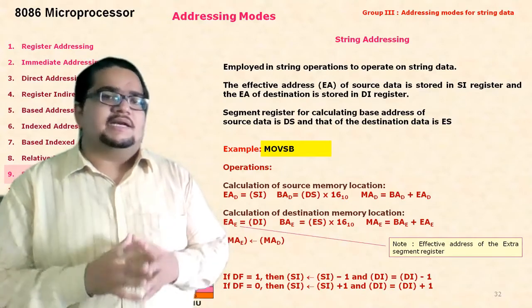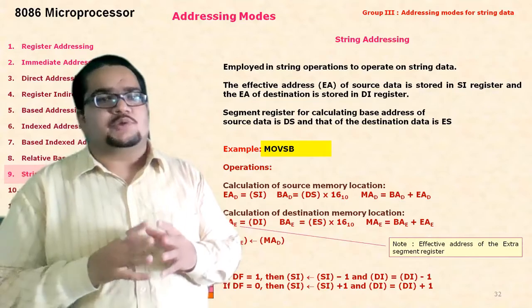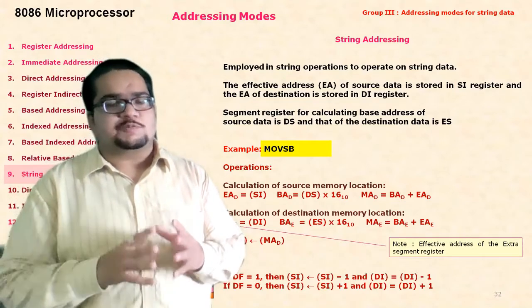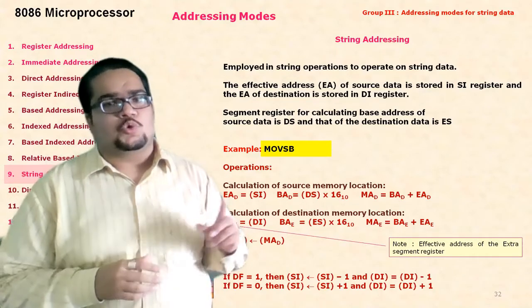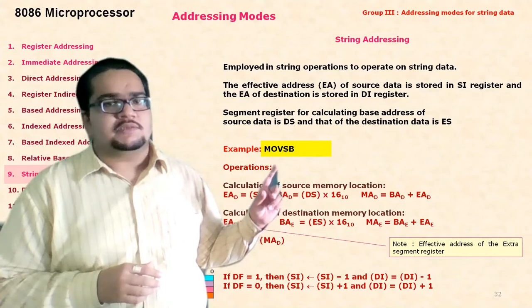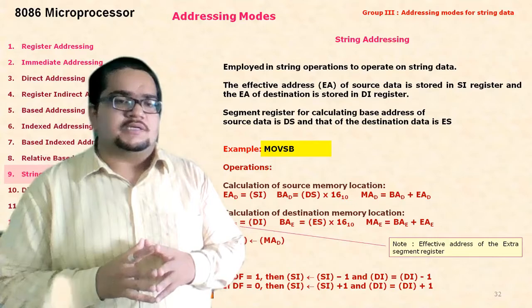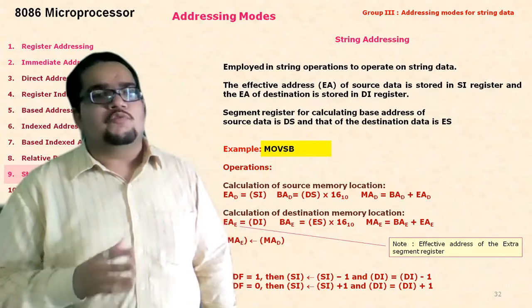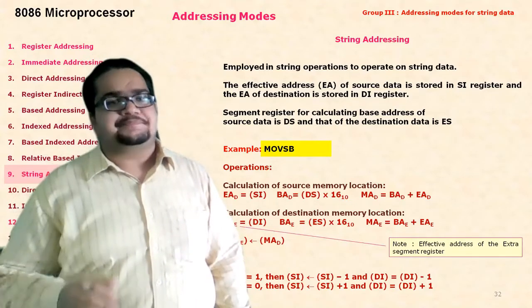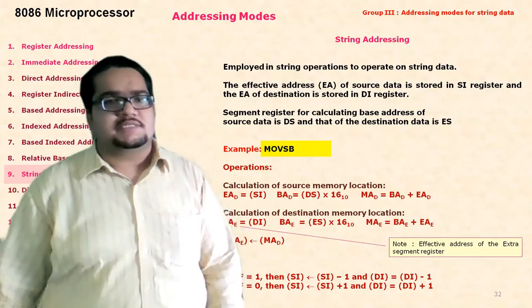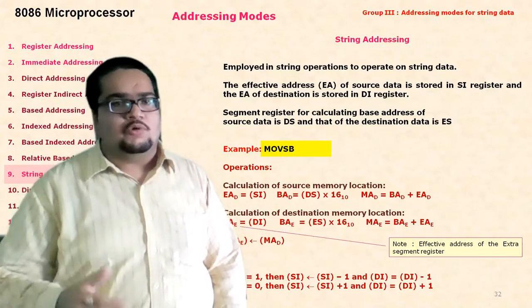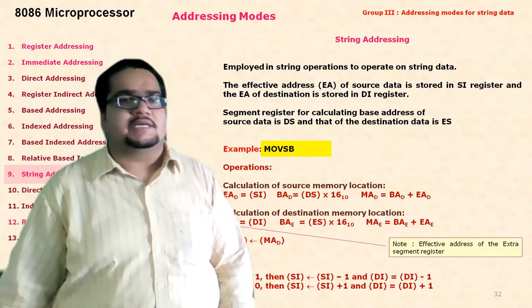Okay, there are dedicated instructions available in the 8086 instruction set which are specific to string operations. One example of that is MOVSB, a short form notation for move string byte. A few more examples I'll just give you now, but later we will be discussing in detail.